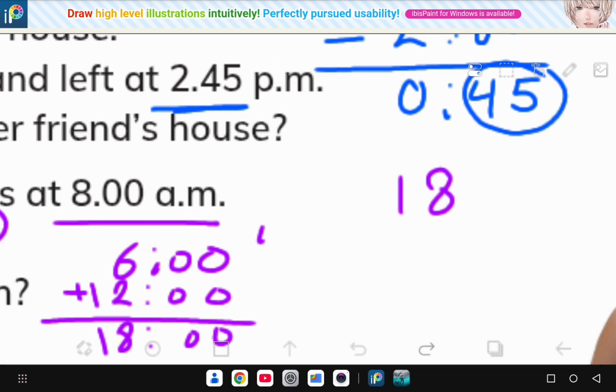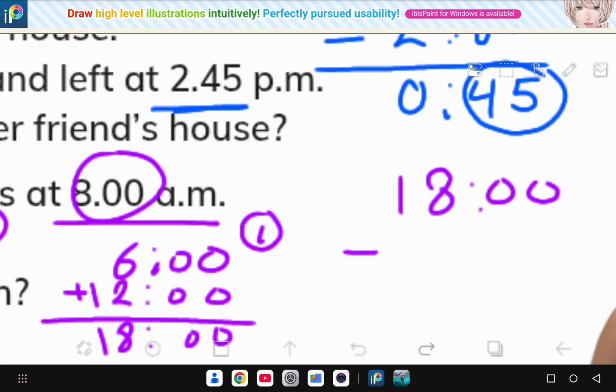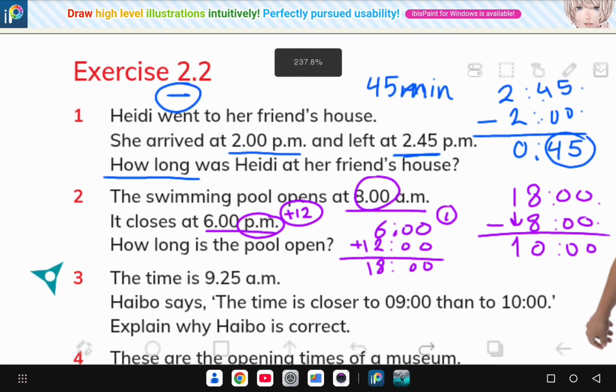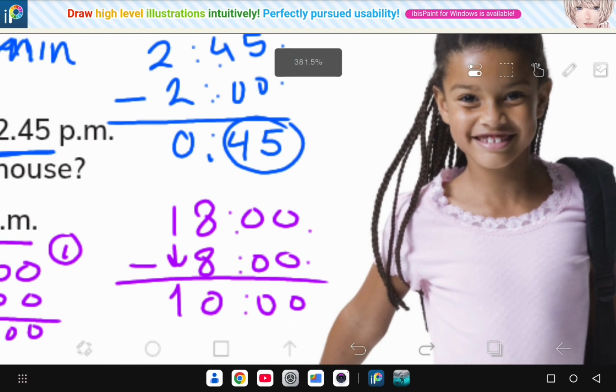Now this is my first step, which is when I add it. Now I will subtract: I will take the 8 and subtract it from 18. 0 minus 0 is 0, 0 minus 0 is 0, 8 minus 8 is 0, and the 1 goes down, so it's 10 hours. I'm just gonna write it here, 10 hours.